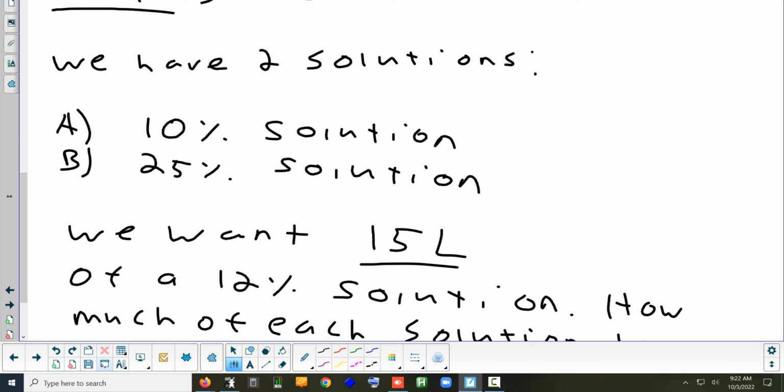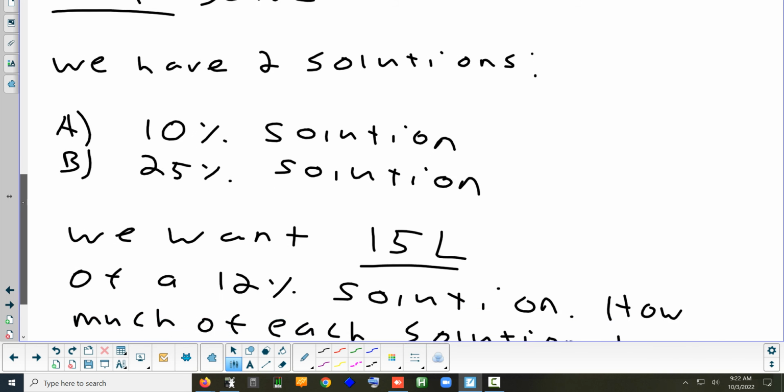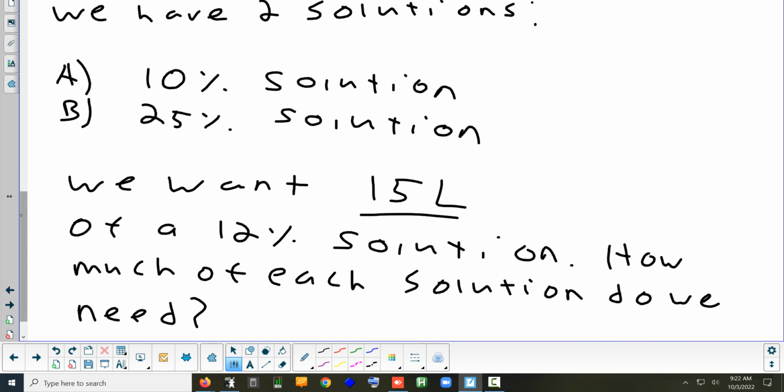Now, let me show you. I just want to scroll down so you can see the kind of problem that we're going to do, and kind of see what they're going to be looking for. So the idea in a mixture problem, you don't write this yet, but you have two different liquids to start with, and you're going to mix them together. You're going to mix a certain amount of the first solution with a certain amount of the second solution. And the goal in this problem is to end up with 15 liters of solution when you're done.